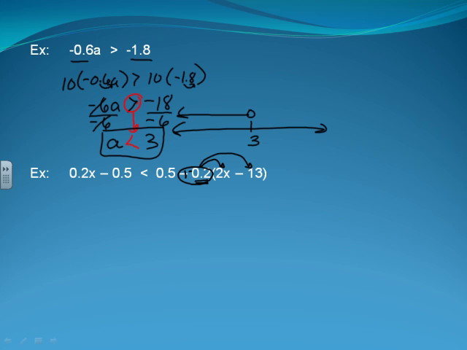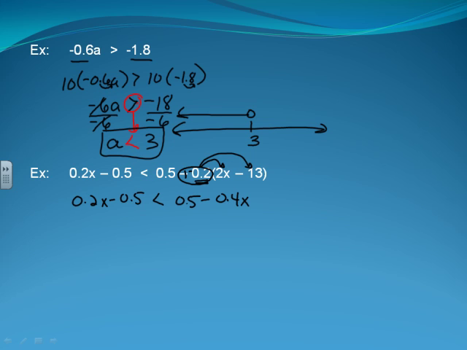So therefore, you have 0.2x minus 0.5 is less than 0.5. Okay? Now minus 0.2 times plus 2x, 0.2 times 2, if you do that math either in your head or on the calculator, would give you 0.4, and it's a negative 0.4 or a minus 0.4x.